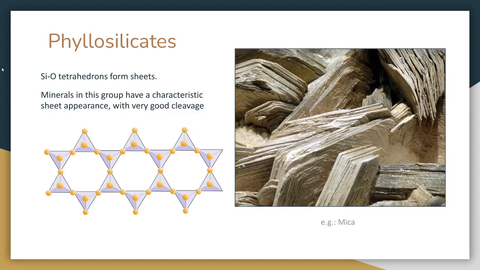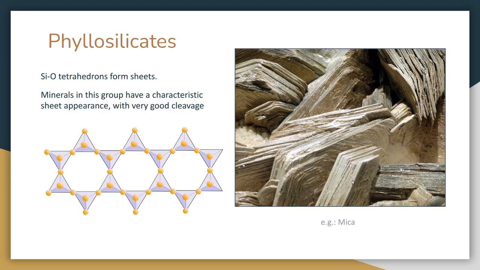They are silicon oxygen tetrahedrons that form sheets and have a characteristic sheet appearance with very good cleavage, meaning, I think I've messed this up. In English it's not called cleavage, it's something else, sorry.